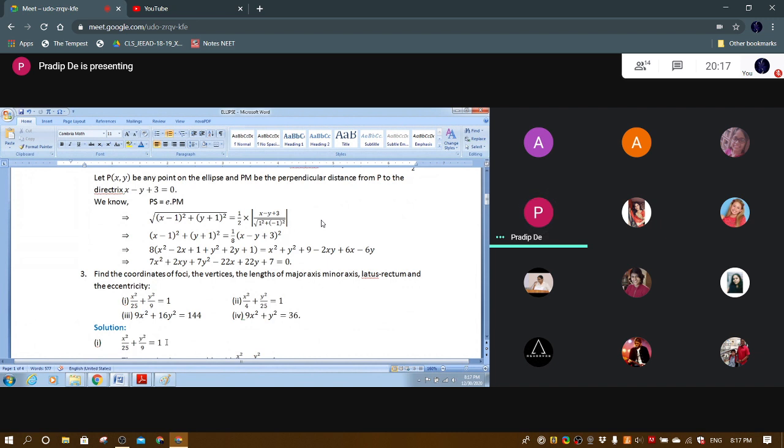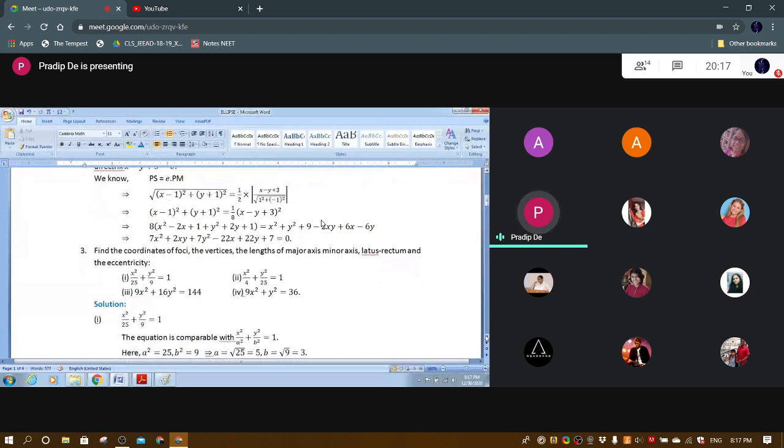Identify the type, whether the major axis is along the x-axis or y-axis, whether the equation is comparable with x square upon a square plus y square upon b square equal to 1, or the other one, that is y square upon a square plus x square upon b square equal to 1. If I call them type 1 and type 2, type 1 where the major axis is along the x-axis, type 2 major axis along the y-axis. For my quick reference, I'll say type 1, type 2. So is it type 1 or type 2? Type 1.